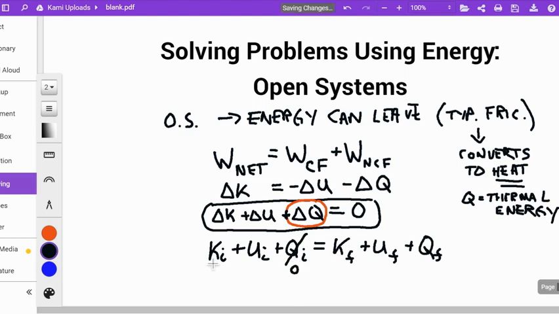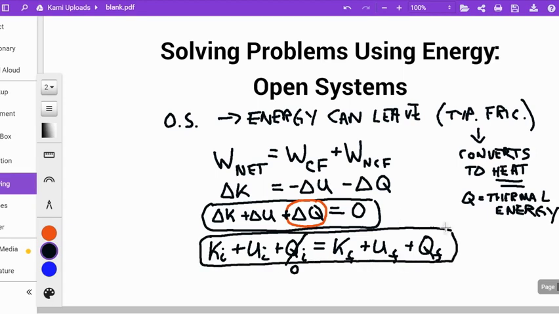What that means is that in physics problems you often start off with kinetic and or potential energy, and then that energy will transform into kinetic and potential and some heat. I'm going to draw a box around this equation because it's a pretty useful equation, just like it was before for isolated systems. But remember, the initial thermal energy is typically 0.